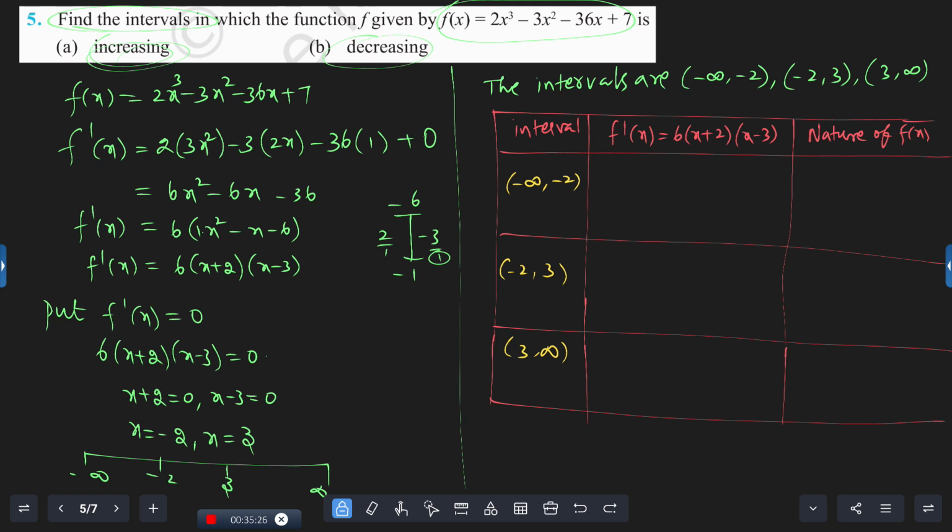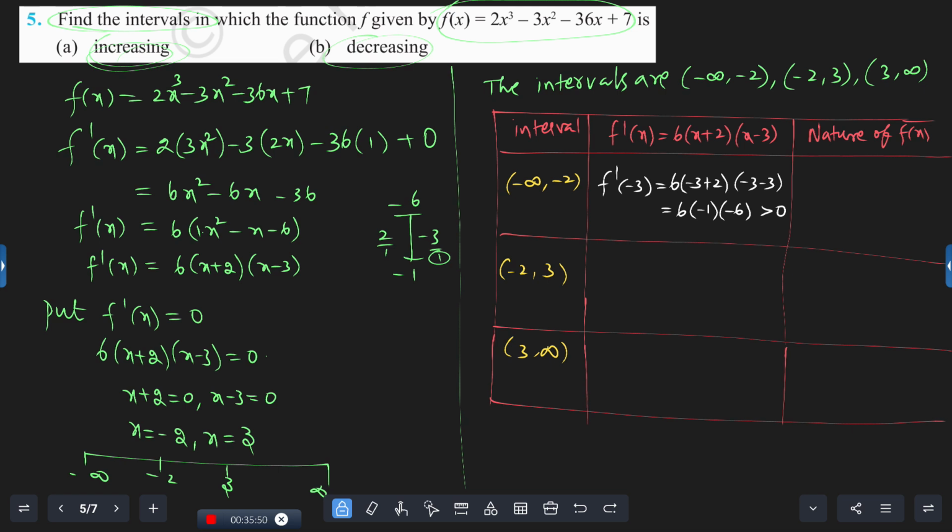So if I take minus 3, f dash of minus 3 is 6 into minus 3 plus 2 and minus 3 minus 3, so minus into minus, plus, greater than 0. You don't want to simplify this; 6 sixes are 36 and all, don't write it.